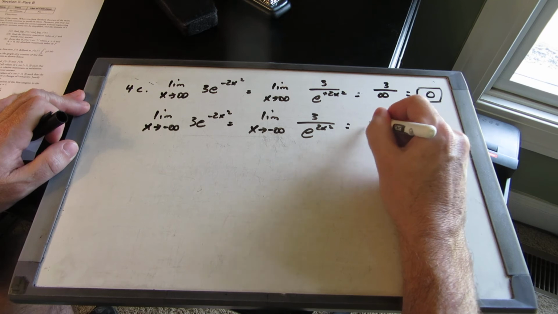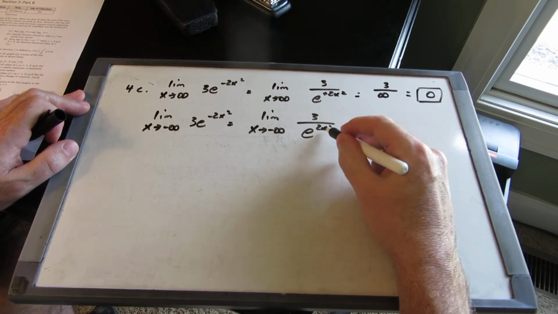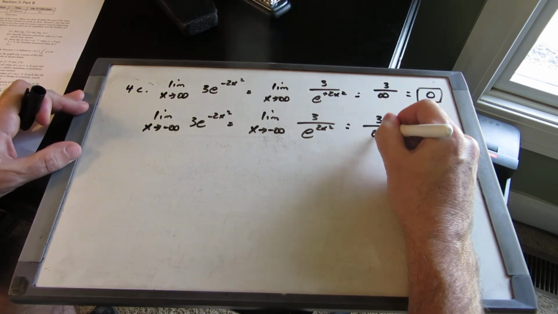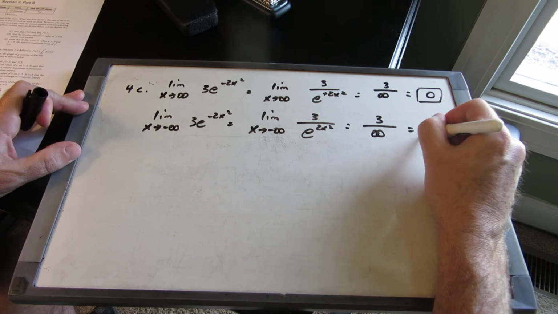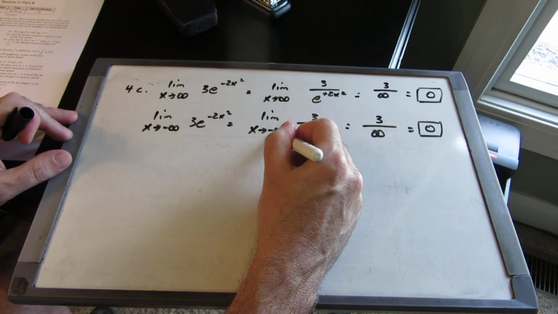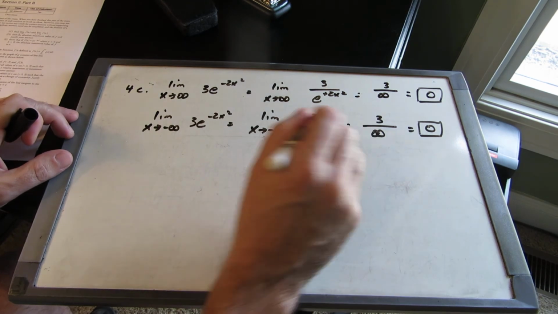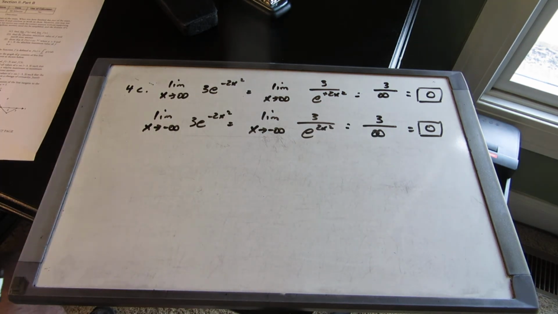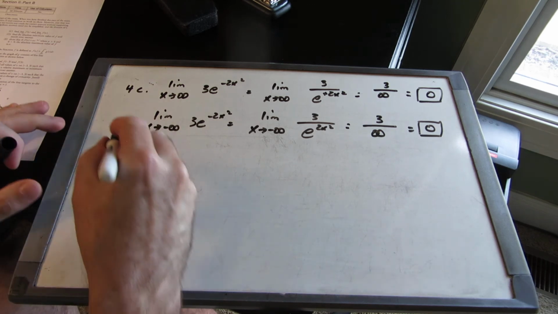So it's the same as 3 over e to the infinity, which is also 0. So you plug a negative infinity in for x and then square it, that's what makes it positive. So you end up getting 0 there. All right, not too bad.